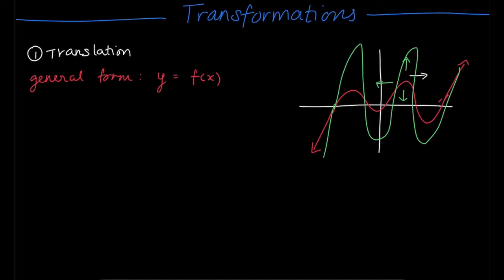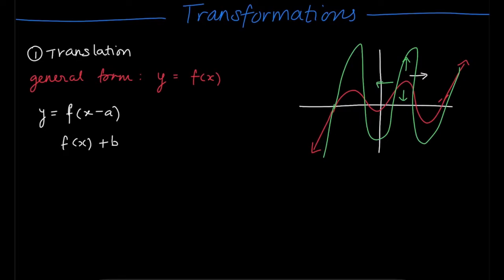So the first one is translation, and this applies to when we are changing the function in the form of y equals f of x minus a and f of x plus b.